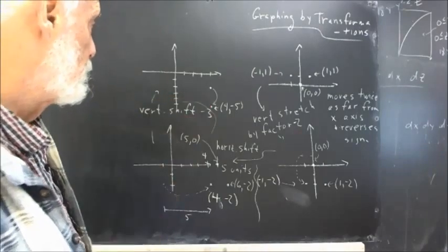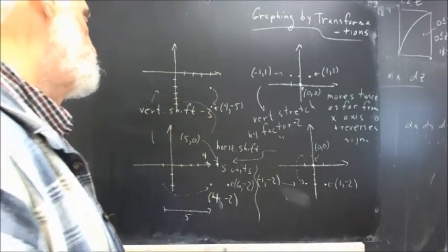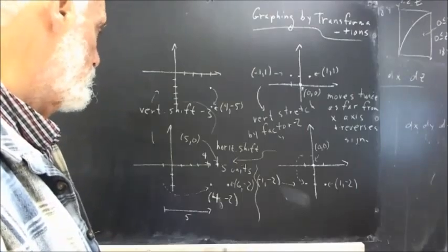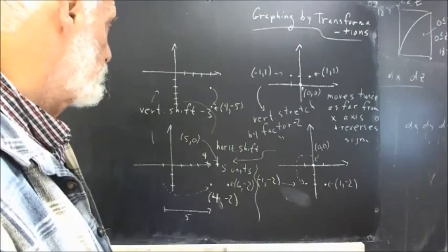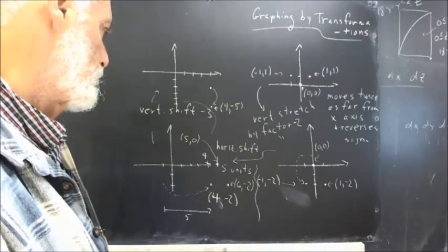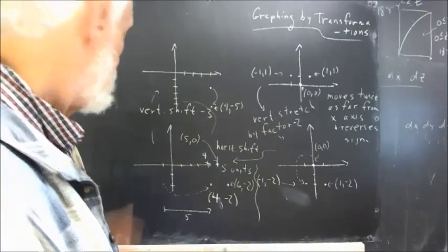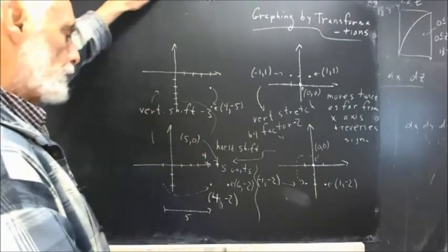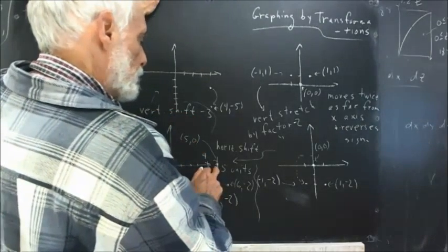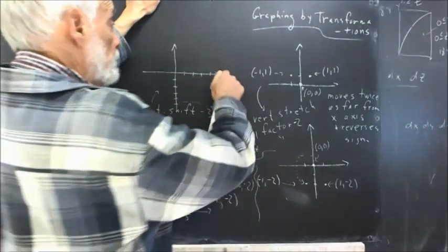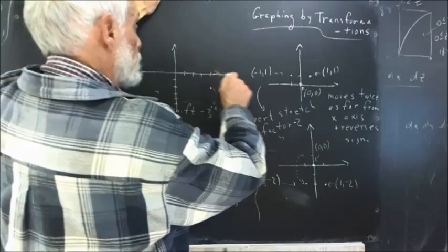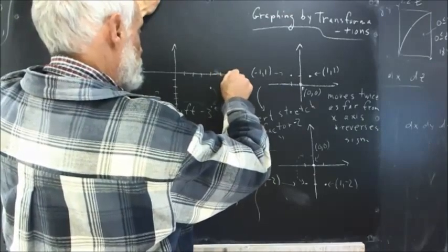Now what happens when we shift up here? We're going to have a vertical shift of -3. So our point 5, 0 is going to become 5, -3. So let's extend the x-axis just a little bit here so we can get at least 5 and 6.